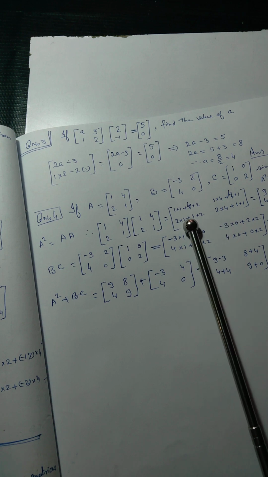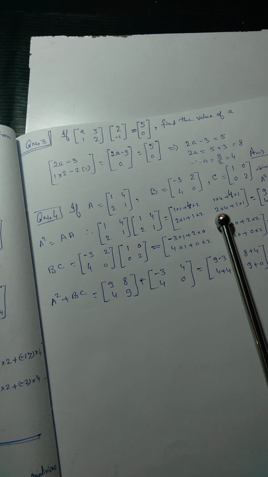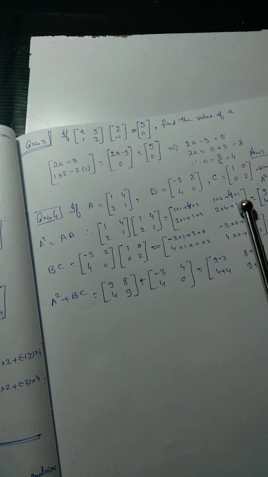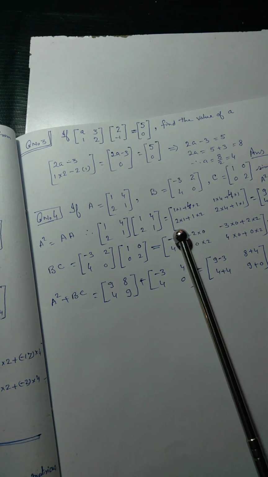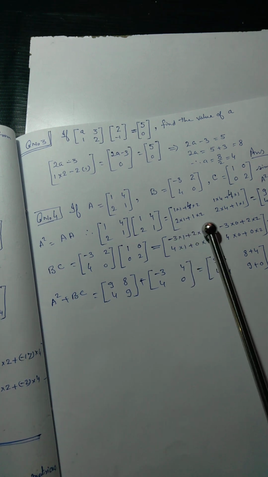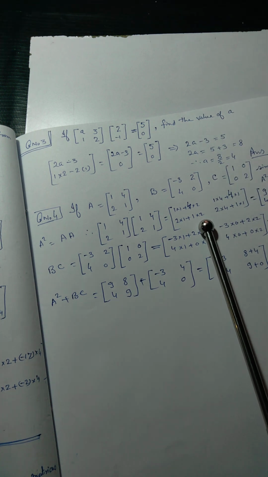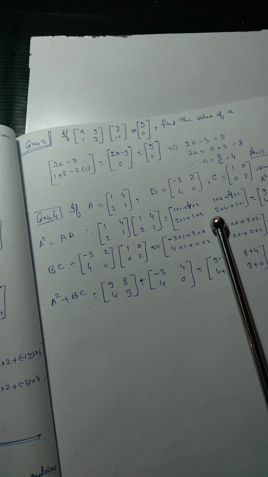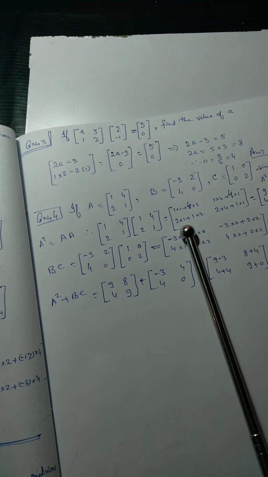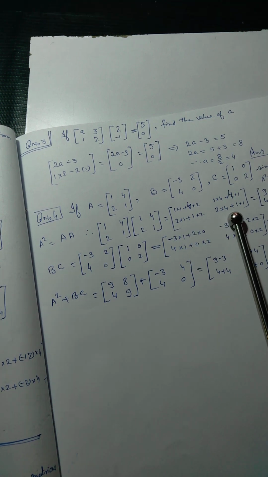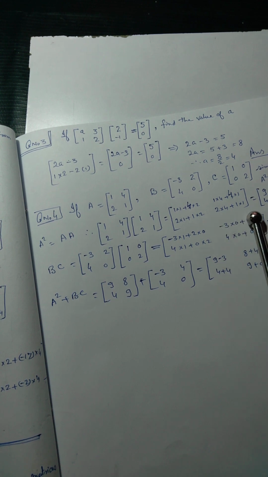Ultimately you will get 2 plus 2, that is 4. 2 into 4 plus 1 into 1, that is 8 plus 1, that is 9.